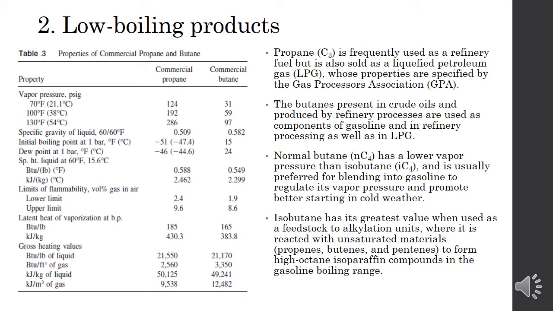The butanes present in crude oils and produced by refinery processes are used as component of gasoline and in refinery processing as well as liquefied petroleum gases. Normal butane has a lower vapor pressure than isobutane, and it is usually preferred for blending into gasoline to regulate its vapor pressure and promote better starting in cold weather.